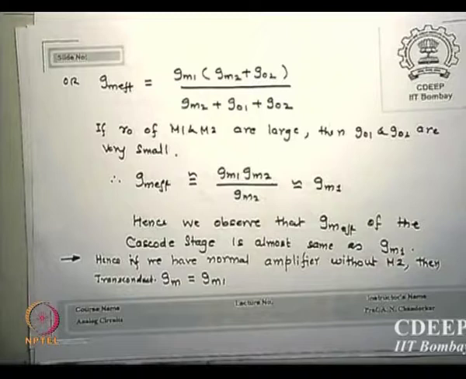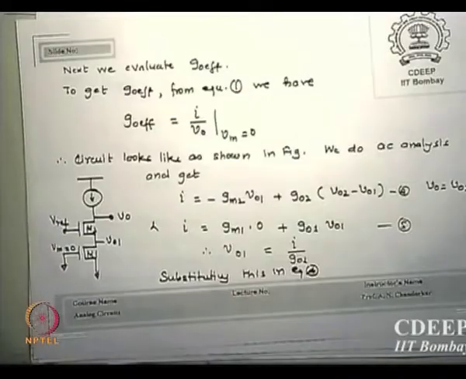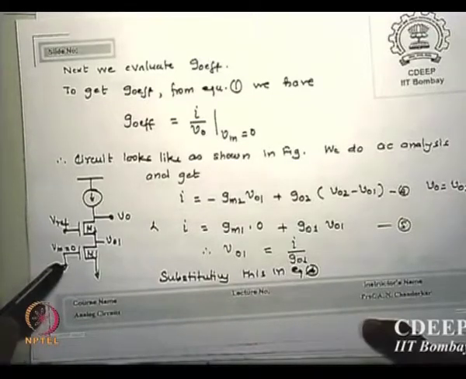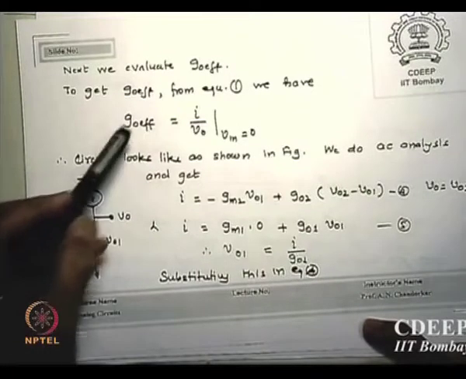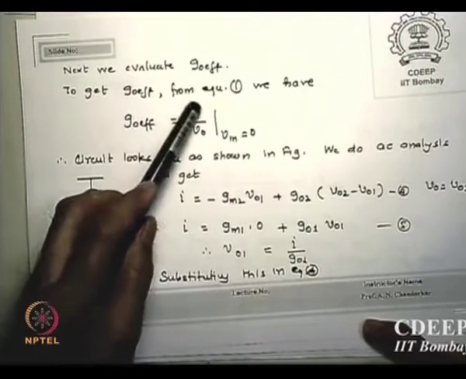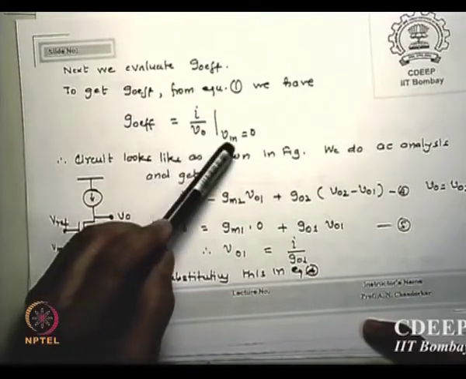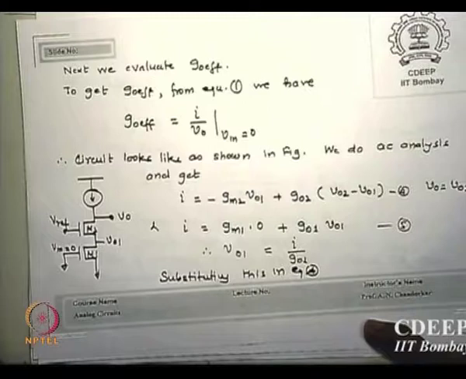gm effective. What is the next value I must calculate? gO effective. What is the condition for gO effective? I said gain should be 0, so Vin is 0. That's the condition, Vin should be 0. Then gO effective is I by V0 when Vin is 0.